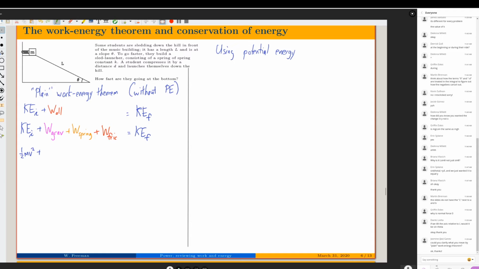The work done by gravity was mgL sine theta. Let me make that a little bit neater at the cost of making my columns not line up like they should.